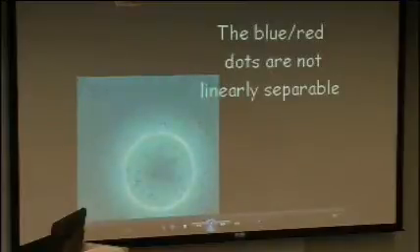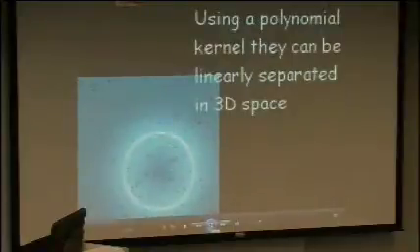So you cannot do it with a linear classifier because a linear classifier always induces a straight line as the decision boundary. However, if you're willing to use kernels, such as what's called a polynomial kernel in this case, you can linearly separate them. And here's the idea. So here's the data in 2 dimensions. And now you map them, say, to 3 dimensions, as shown here.